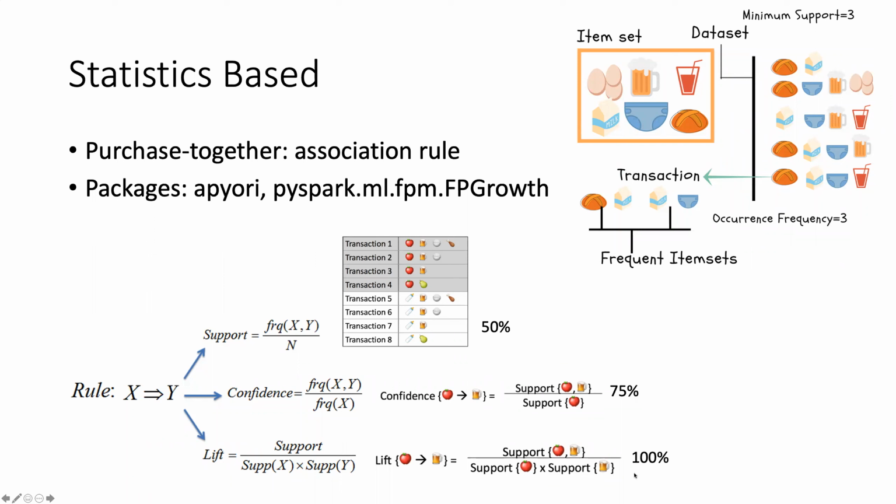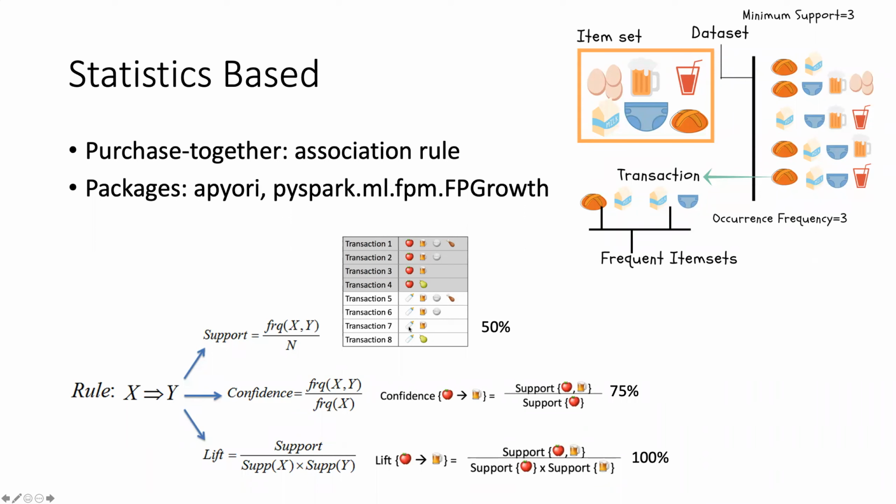So in this case, it's 100%. 100% here actually means they have no association, because sometimes when people purchase apple, they purchase beer.